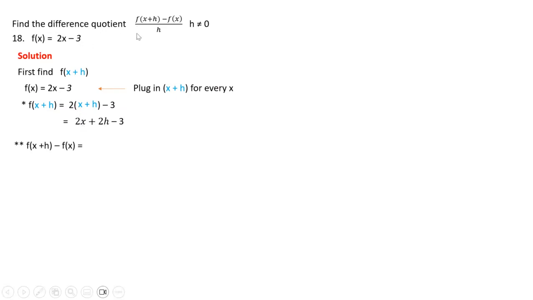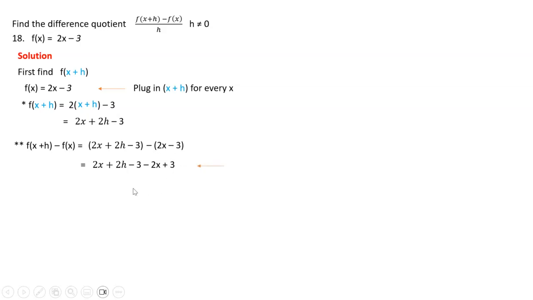Now step 2, we're going to do the whole numerator, the f of x plus h minus f of x. That's my f of x plus h minus my f of x, which is the original function, 2x minus 3. Now here, guys, a minus distributes and makes the next two terms opposite signs, because a negative and a positive will give you a negative, and a negative and a negative will give you a positive.